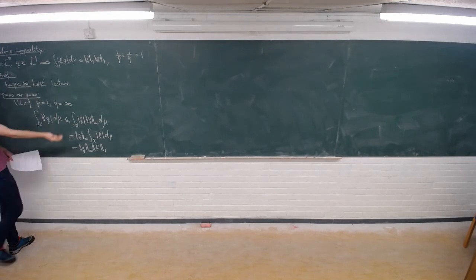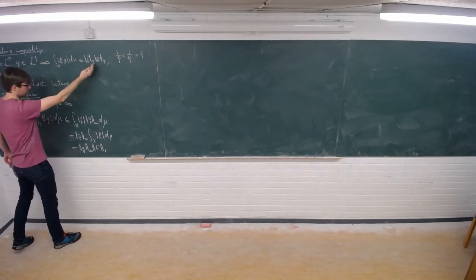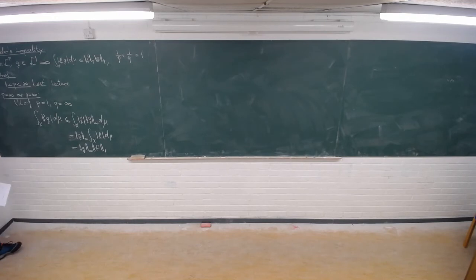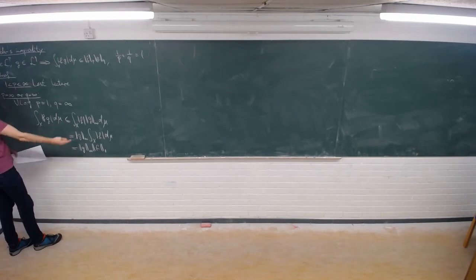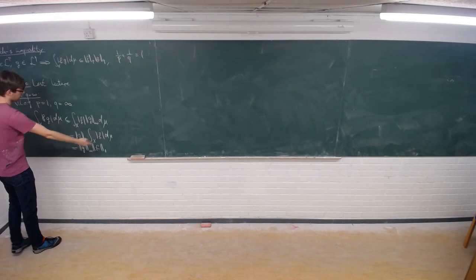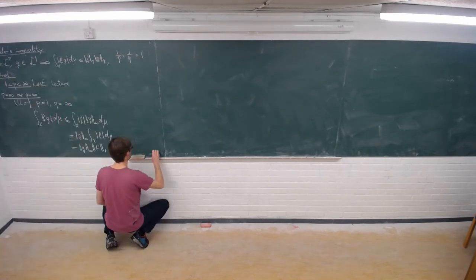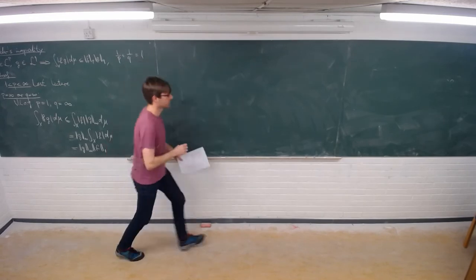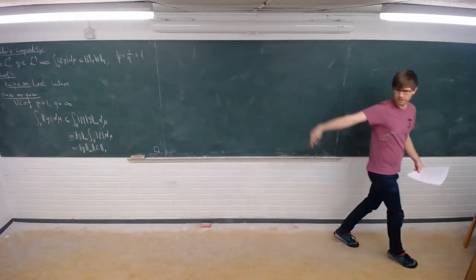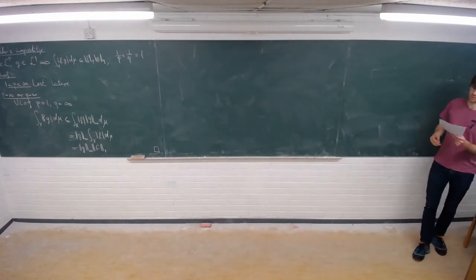And that's precisely Hölder's inequality for p equals 1 and q equals infinity. So it's really simple. You just replace g by its essential supremum, and that only makes it larger, and then everything falls into place. So this was very quick, and this completes the proof of Hölder's inequality.